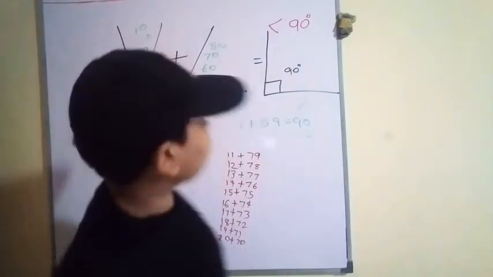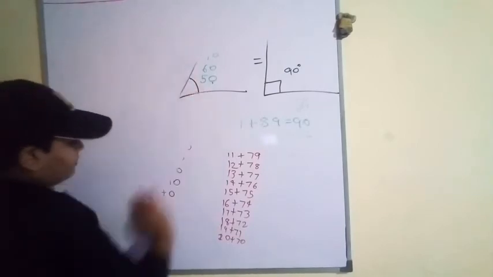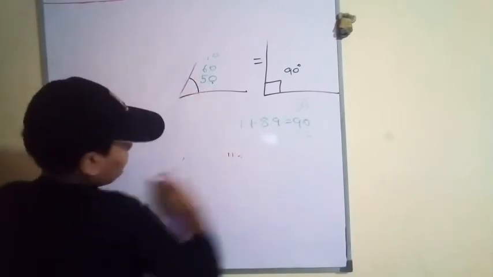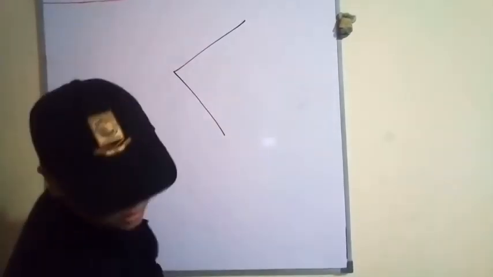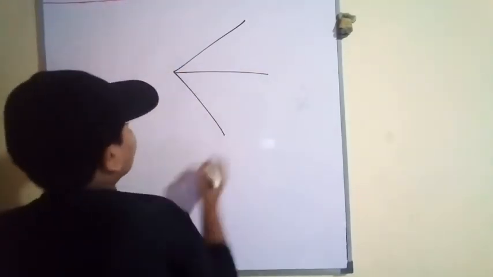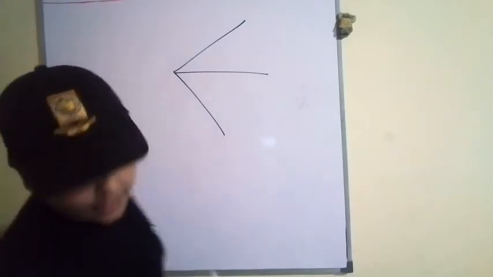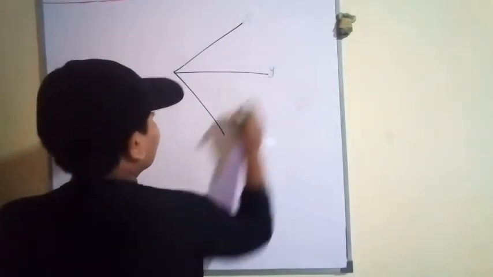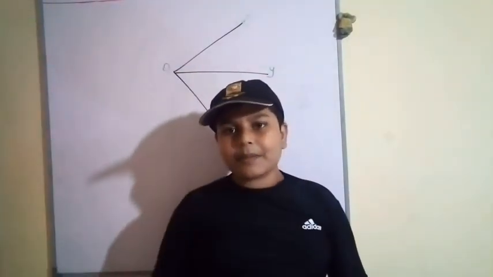Okay guys, if you have a diagram like this, you can name the points X, Y, Z and O. Now you can name these as complementary angles.